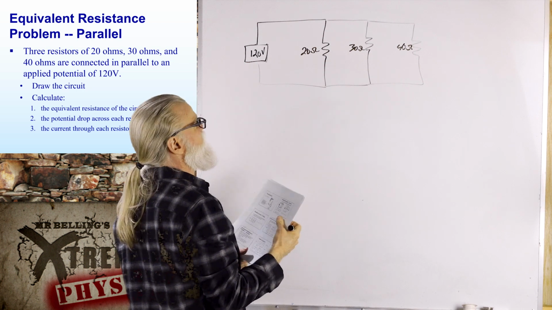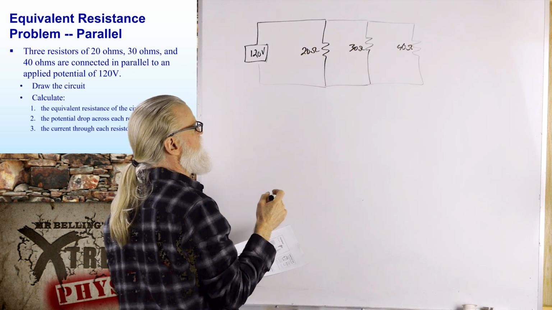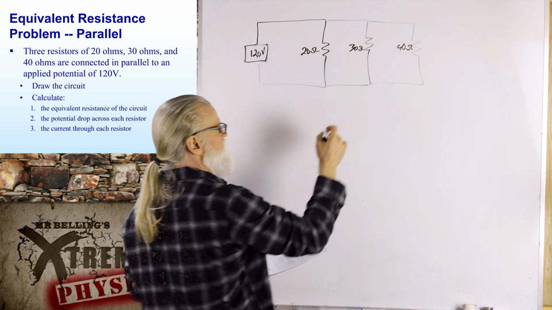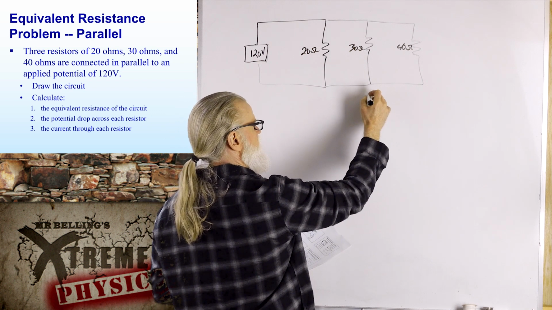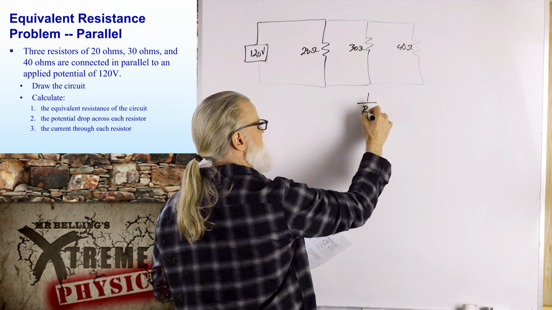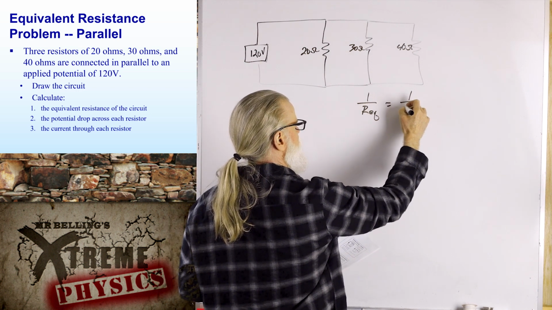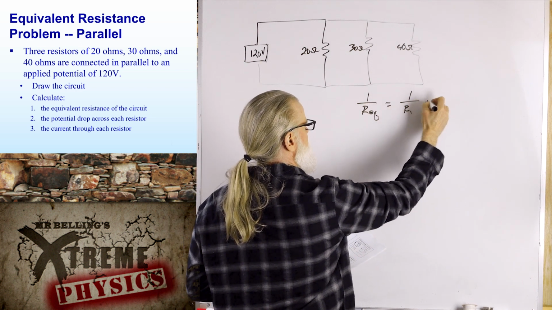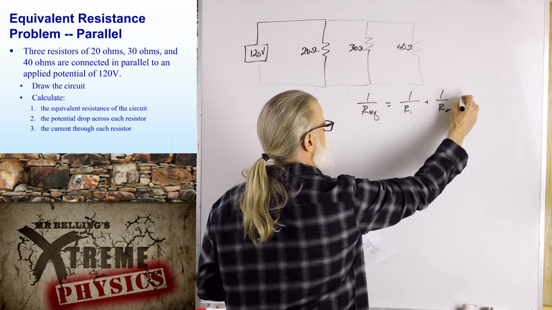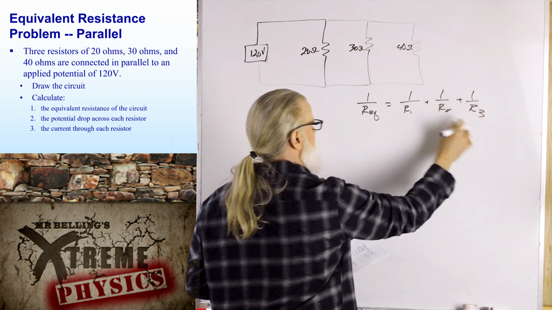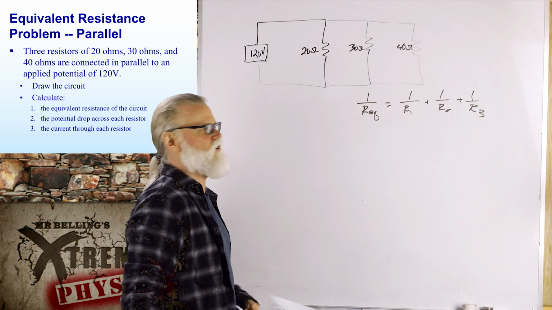All right, calculate the equivalent resistance of the circuit. For a parallel circuit, the equivalent resistance is more complicated than a series. It's 1 over R equivalent equals 1 over R1 plus 1 over R2 plus 1 over R3. Keep in mind, this does not say R equivalent equals that.